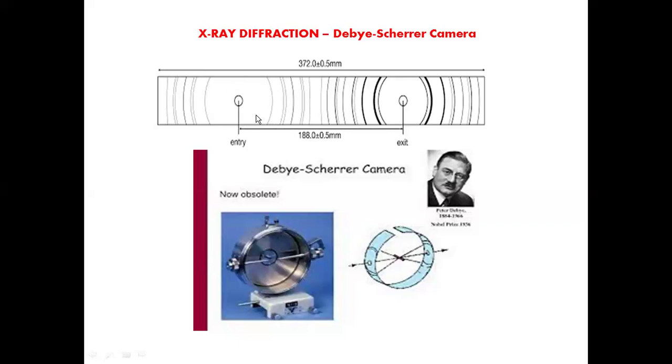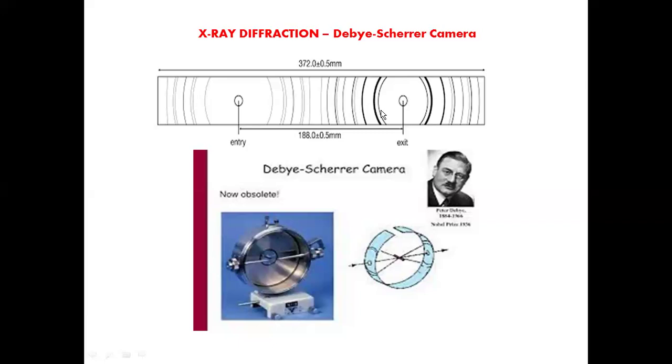This happens because of the forward and the backward reflections. On the exit side, these rings are formed because of the forward reflections, and hence the intensity is maximum. But on the entry side, these circular rings are formed due to the backward reflected rays. A ring represents the condition where Bragg's law is satisfied.